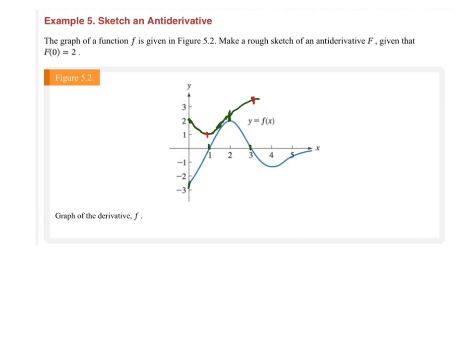So my extremum should be a maximum. My function should go from increasing to decreasing here. Are you with me? Does it ever come back up? No. Does it ever start increasing again? No. How do I know that? Because from 3 to positive infinity, the derivative is below the x-axis. It's negative. Can you see that? So right here, after 3, it turns, and it never comes back up.